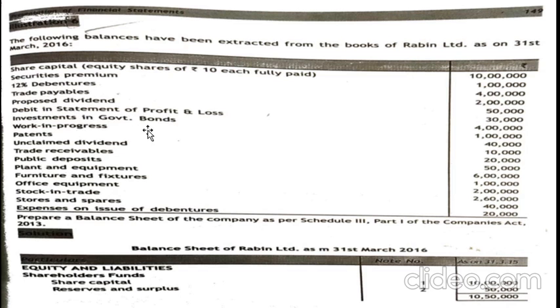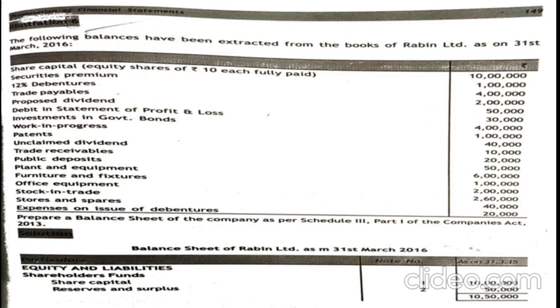Next, investments in government bonds will be coming under investments. Work in progress, patents, unclaimed dividend, trade receivables, public deposits, plant and equipment, furniture and fixtures, office equipment, stock in trade, stores and spares will come under those different heading groups. Expenses on issue of debentures. So this is related to securities. So the expense in issuing debentures will be met from the reserves and surplus amount.